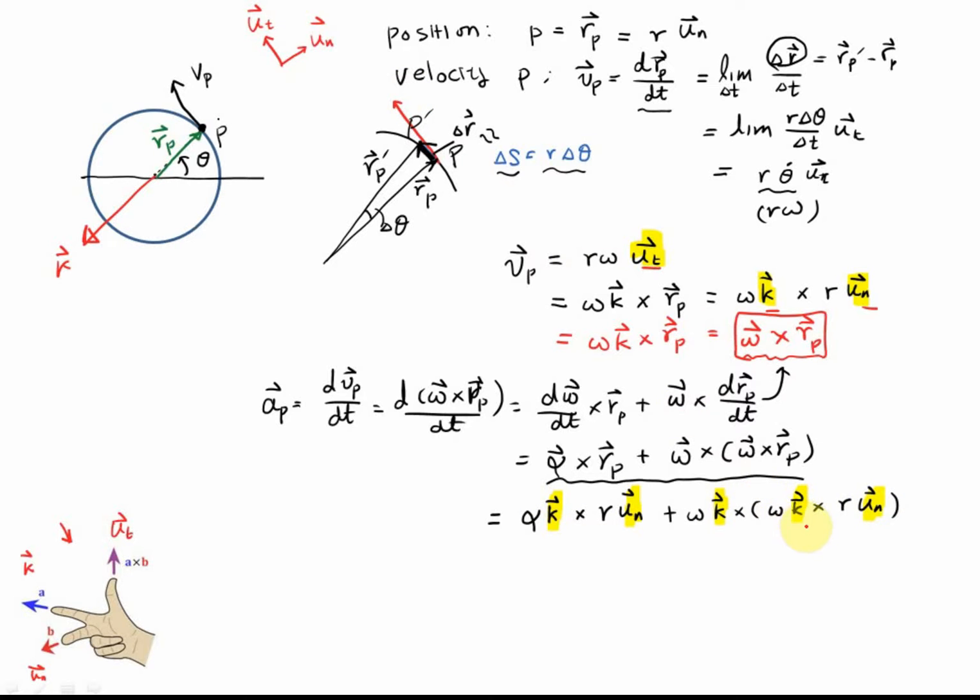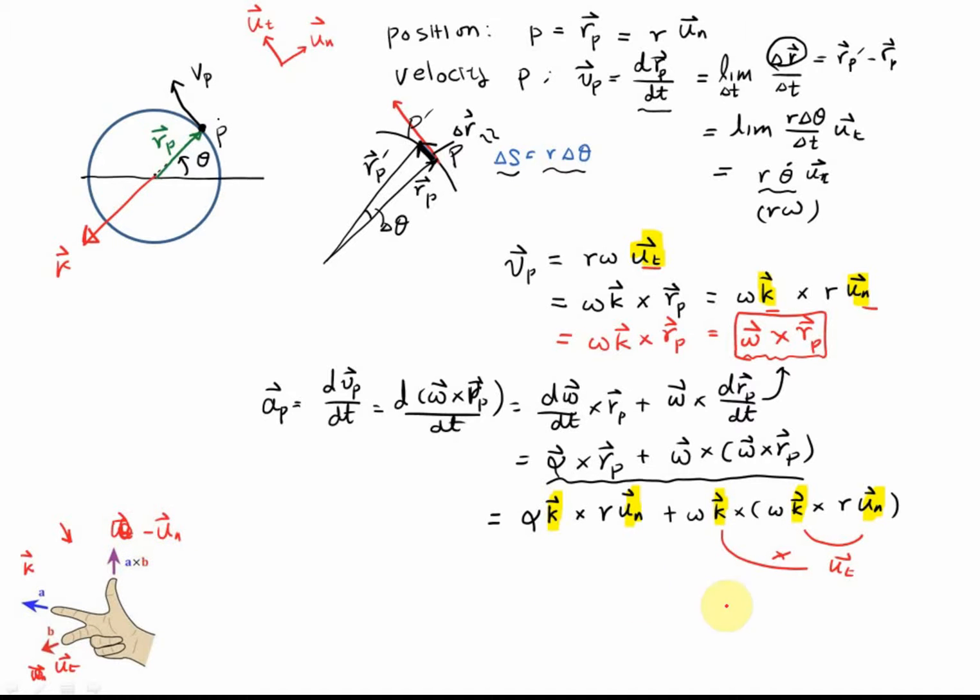If you do the cross product between k and un, the result is ut. And if you do k cross product ut, what's the resultant vector? Think of k as the second index and ut as the third index; then your thumb points to negative un.